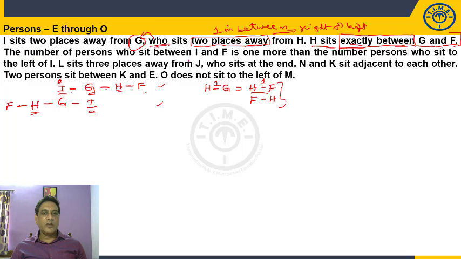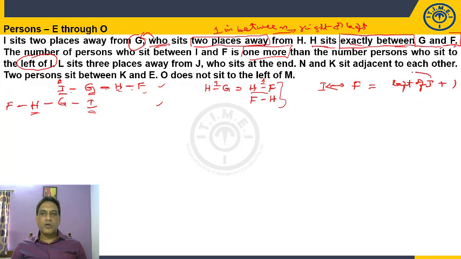The number of persons who sit between I and F is 1 more than the number of persons who sit to the left of I. Okay. Between I and F, this should be 1 more than left of I.